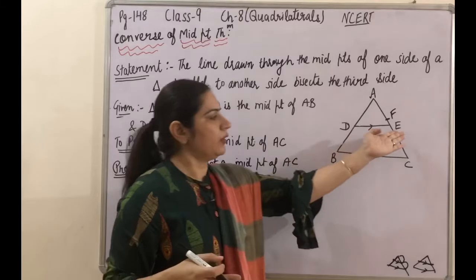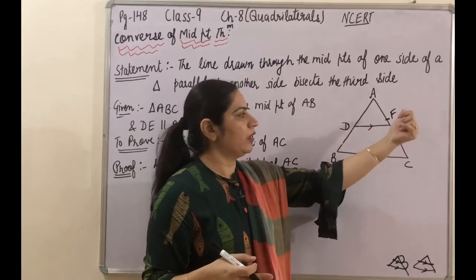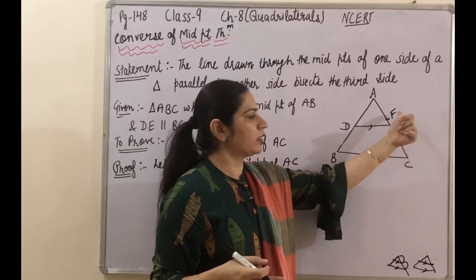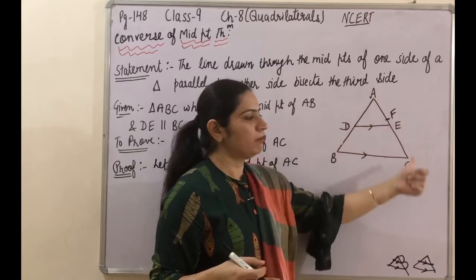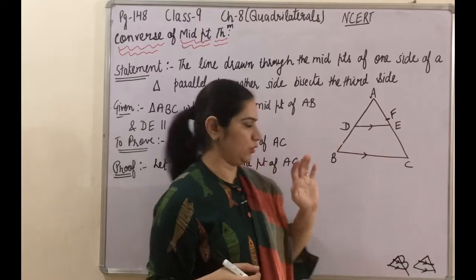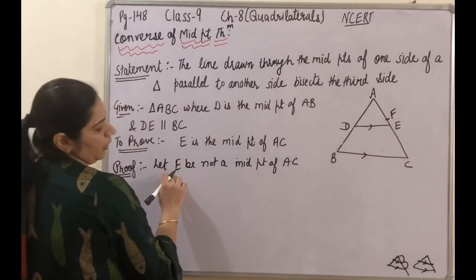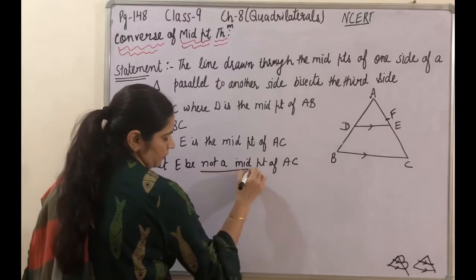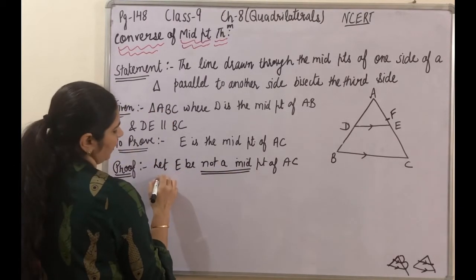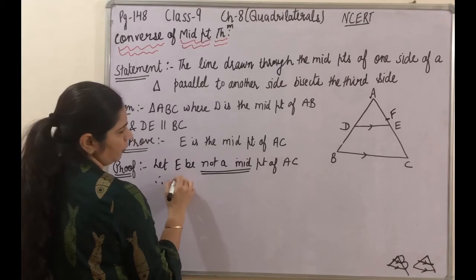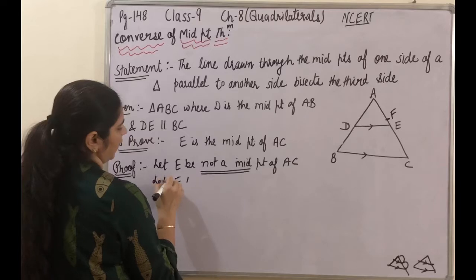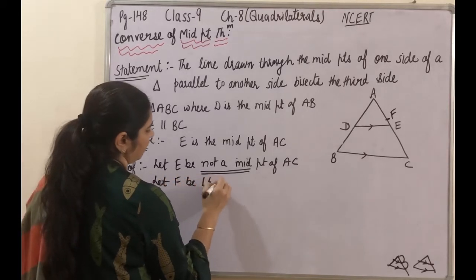If E is not a midpoint, there will be another point on this line which will be the midpoint. Here I have taken, let F be the midpoint.